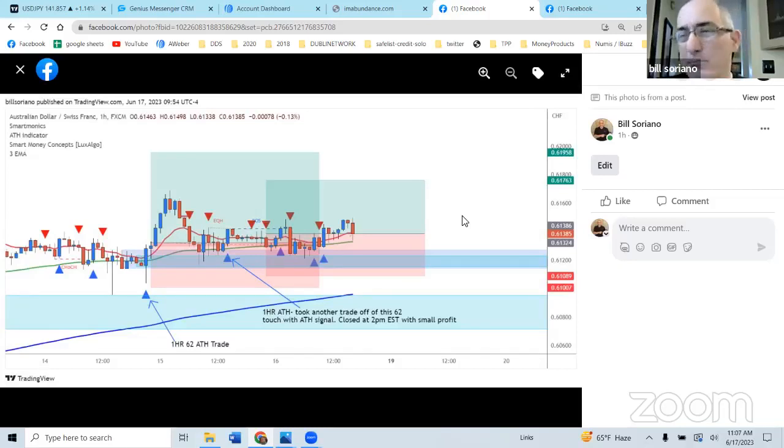Sometimes if I'm not in profit at 2 p.m., I might wait until 3. But you've got to get out of the trades before the session closes on Friday, because price can gap up or down on you, take you through your stop loss, and you can blow a trading account, blow a funded challenge, whatever you're doing. Okay, so I did get out of this at 2 p.m.